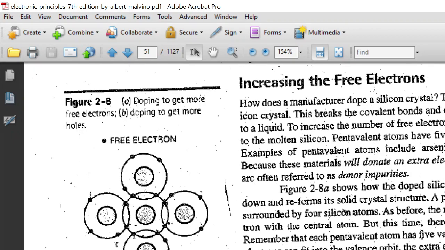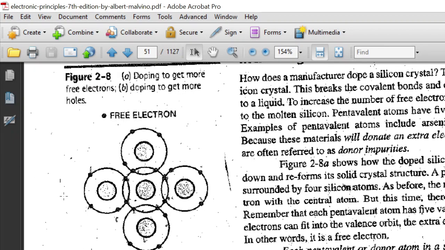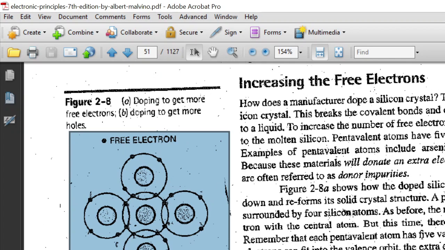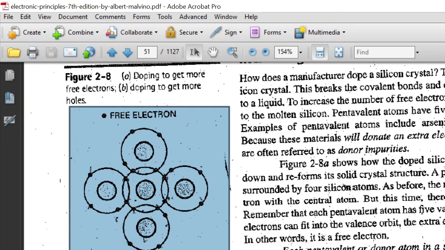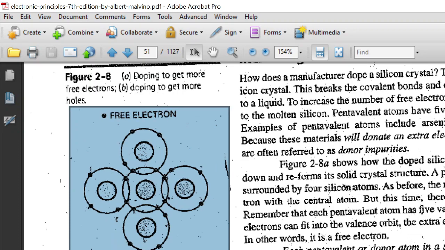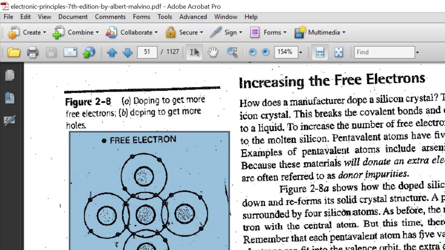When we have a pentavalent impurity, then what happens? You see this picture. Suppose we are talking about some pentavalent impurities. Arsenic, antimony, phosphorus, these are some pentavalent atoms.